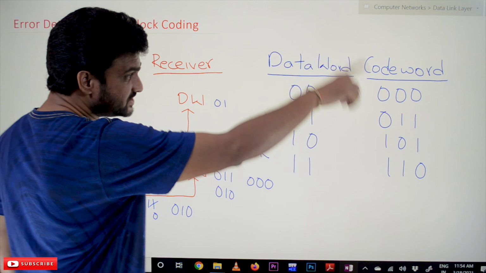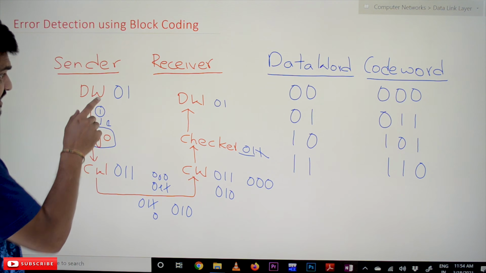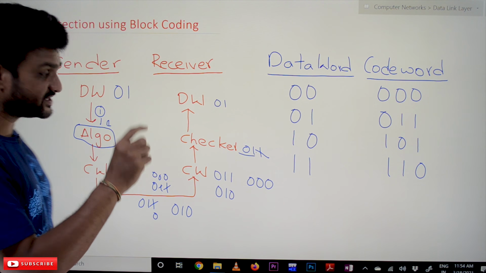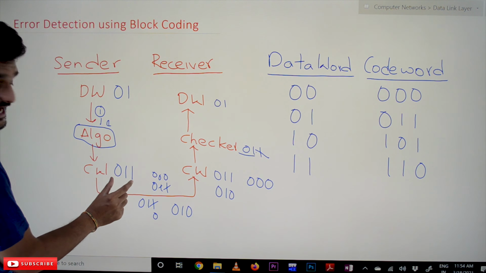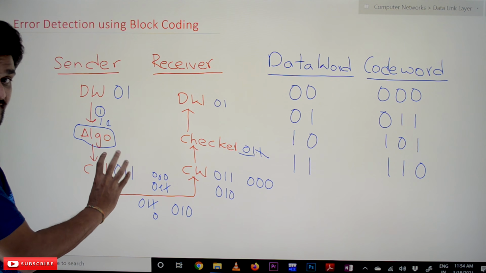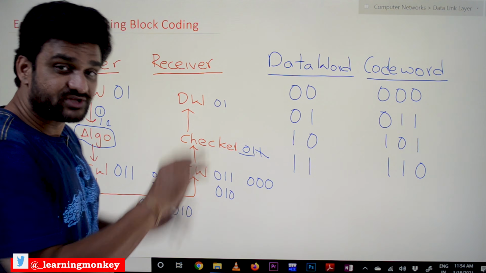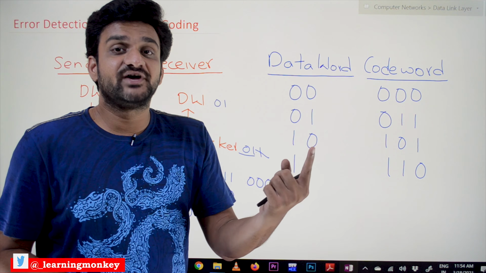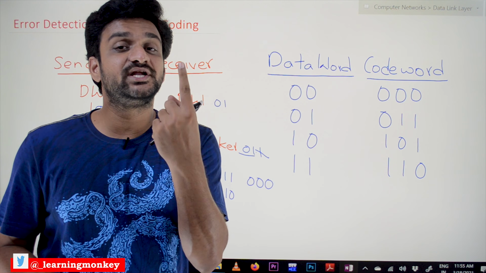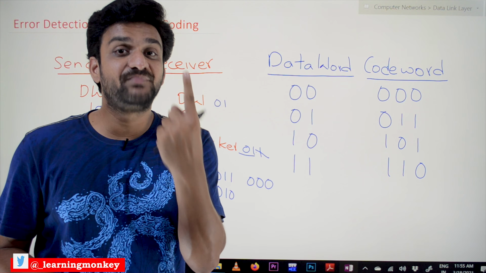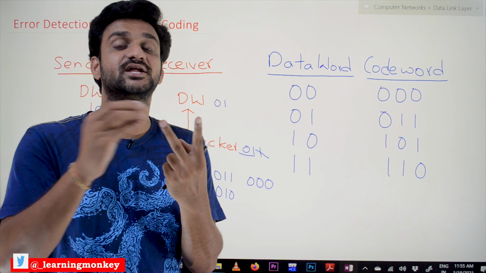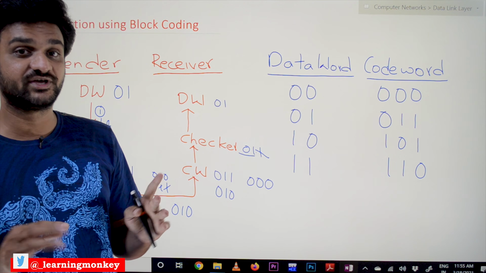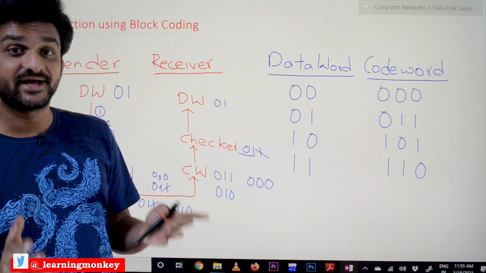The data word is passed to the algorithm, the algorithm generates one redundant bit, and that redundant bit is added to form the final code word of 3 bits. This entire coding scheme is capable of identifying only one error bit. If more than one error bit occurs, it is not identifiable, so we cannot identify the errors.